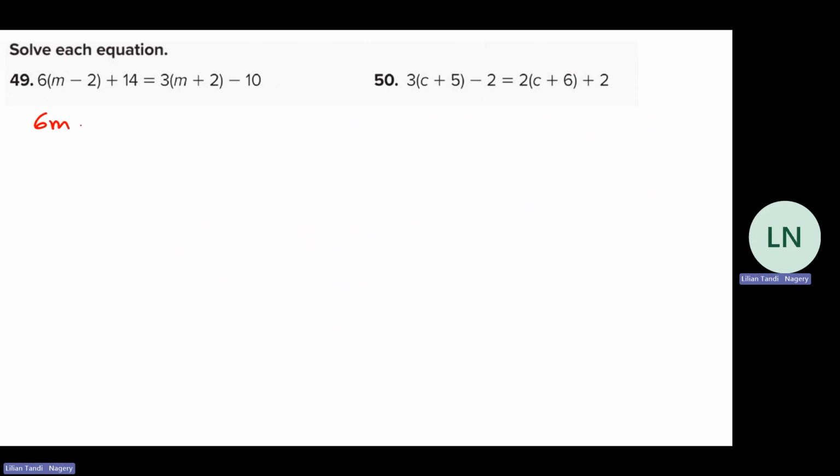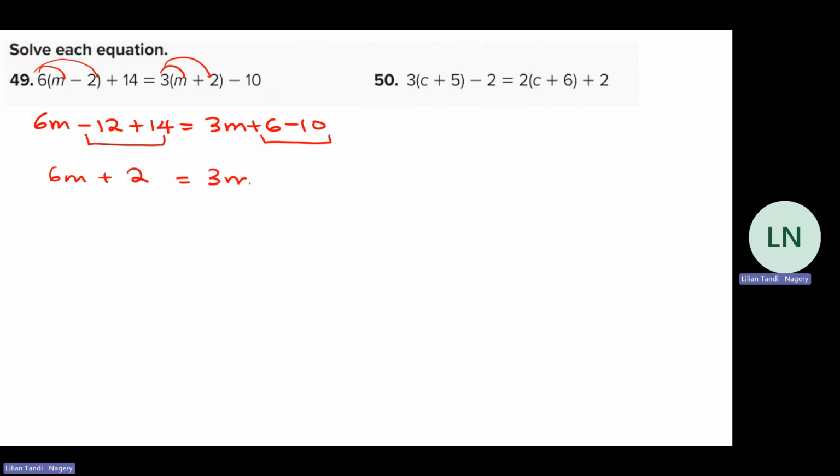6m minus 12 plus 14 equals 3m plus 6 minus 10. 3 times m, 3 times 2, 6 times m, 6 times negative 2. Okay, these are friends. 6m plus 2. And then these are friends. 3m minus 4.